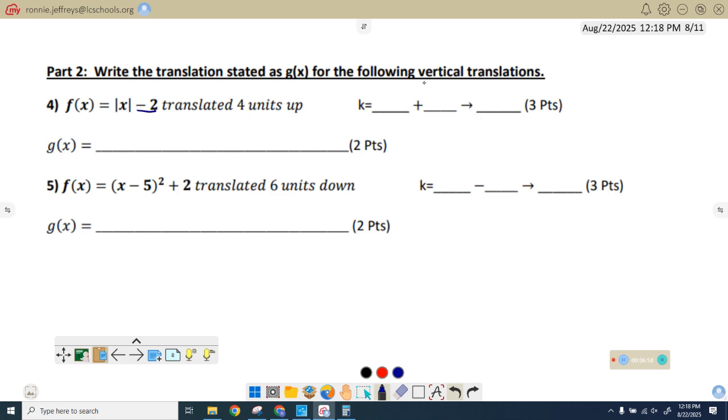This is negative 2, and it's translated 4 units up. There's even a plus sign right there. So all you have to do is add: negative 2 plus 4 is positive 2. That becomes our new K value.